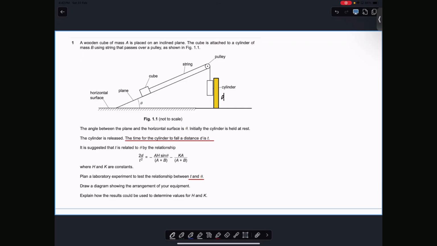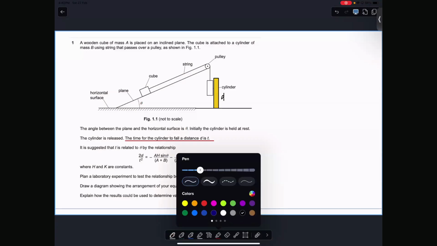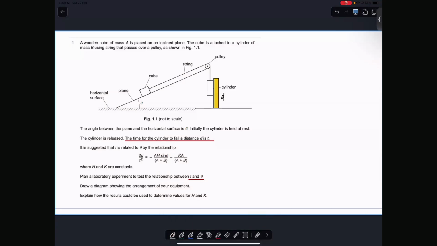Can you tell me in an experiment what should be a control? What will we keep the same? We are comparing the time it takes to fall, which is t, and this angle, right? We will vary the angle and t will vary. What do we keep the same throughout the experiment? Mass, right? Good. So you'll keep the mass constant of this thing, use the same mass.